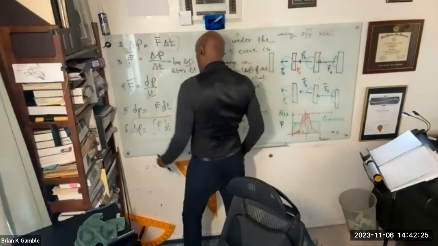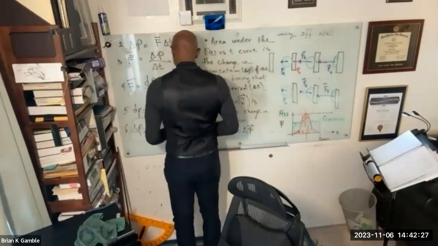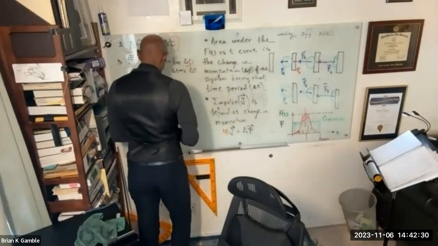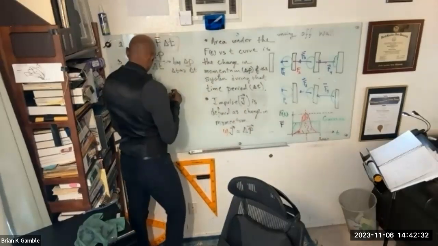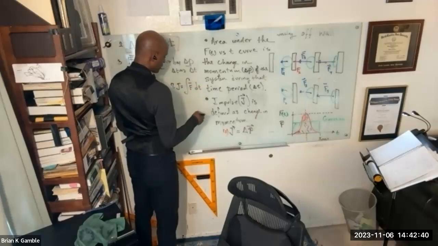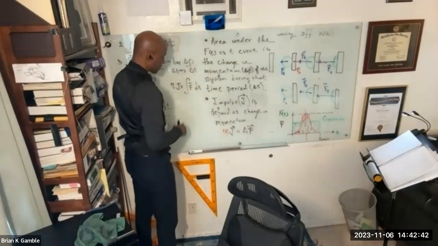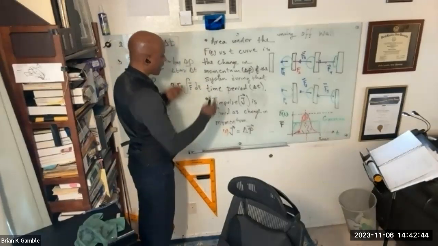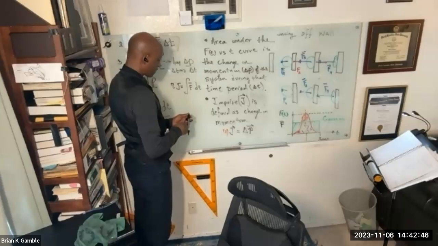But then I can combine equations 1 and 2 and get a final equation for impulse, which is that the impulse J is equal to the integral of the average force over the time where the force is acting. This is one of the equations you'll see that defines the concept of impulse.